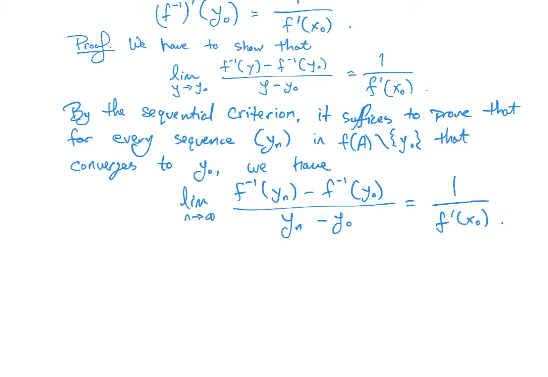Okay. So instead of having a limit as y goes to y naught, we've taken an arbitrary sequence that goes to y naught and put that sequence in, and now we want the sequential convergence.